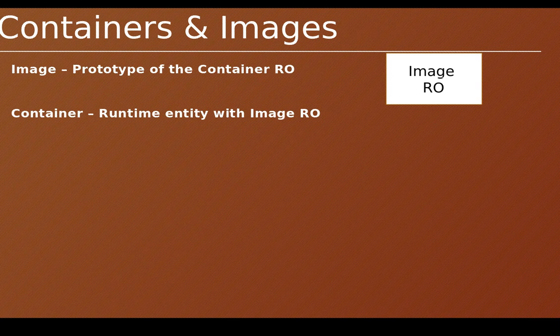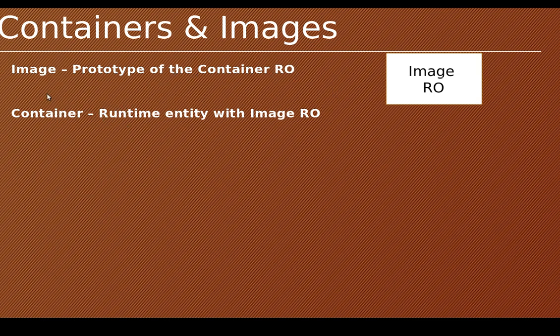Images are basically a definition of whatever you have defined in the environment, or whatever features you want. The complete definition sits inside an image, and the executable or runtime entity of that will be your container. Container images have a read-only layer; everything inside images is read-only.